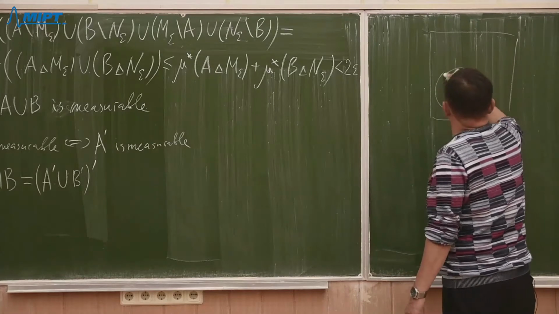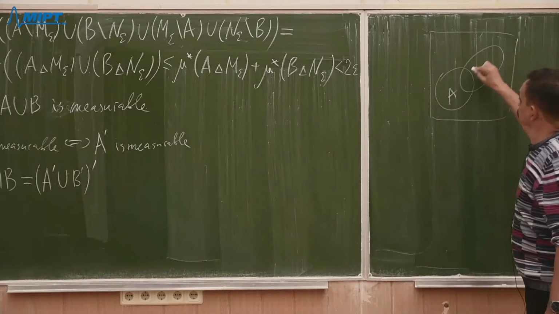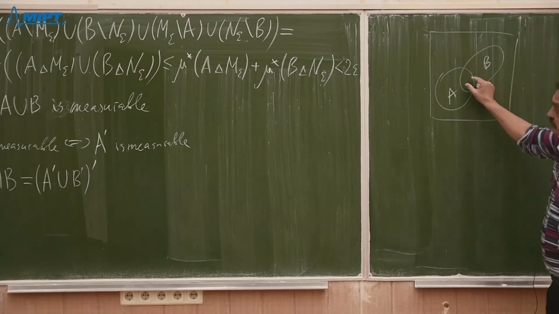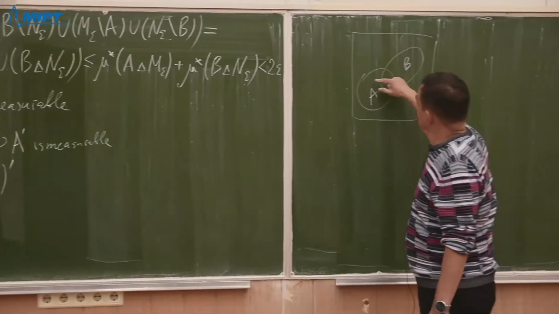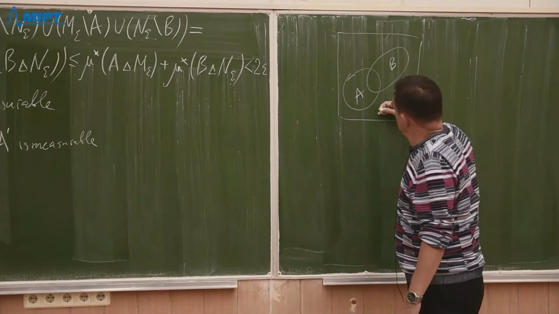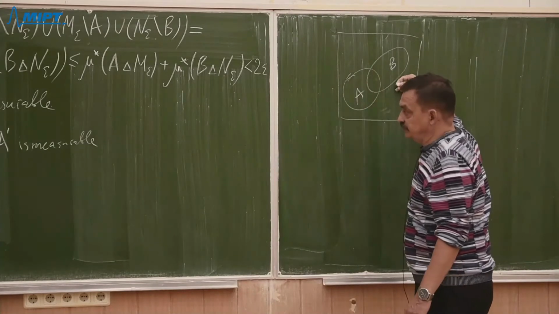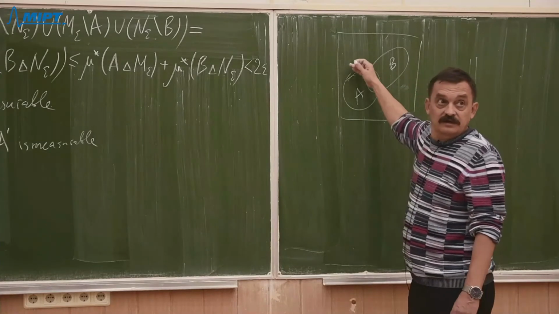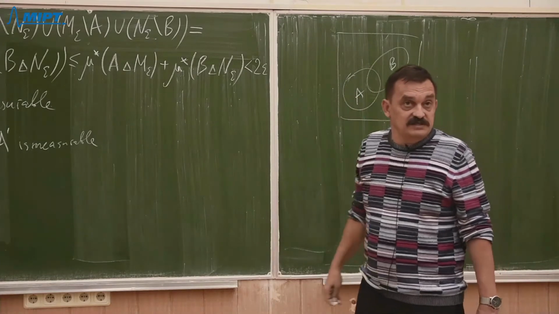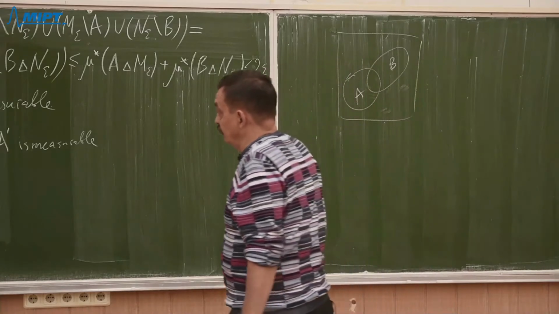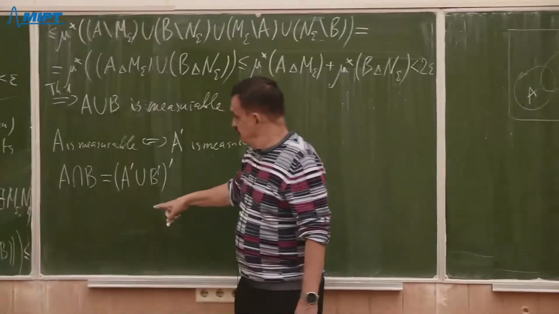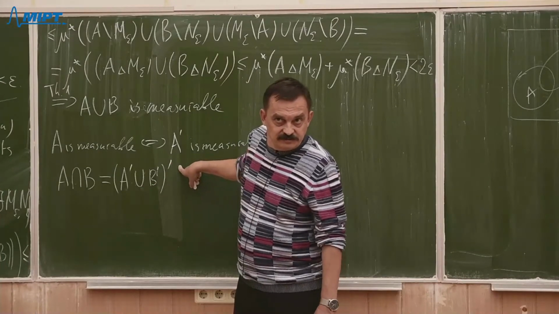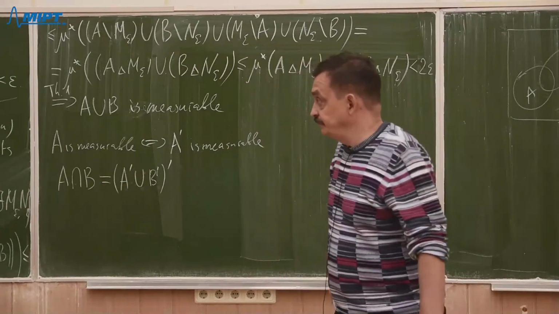If you have two sets A and B, then what is the intersection? You should take the complement of A, the complement of B, take the union, and then take the complement. It gives precisely the intersection. You see, the union is measurable, the complement is measurable, so the intersection is measurable.